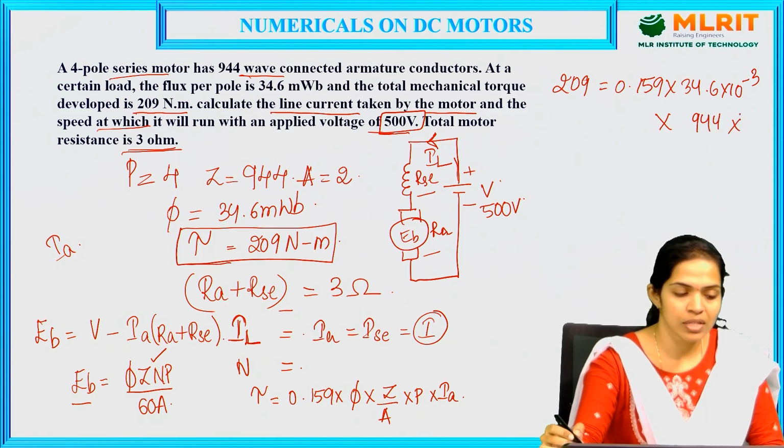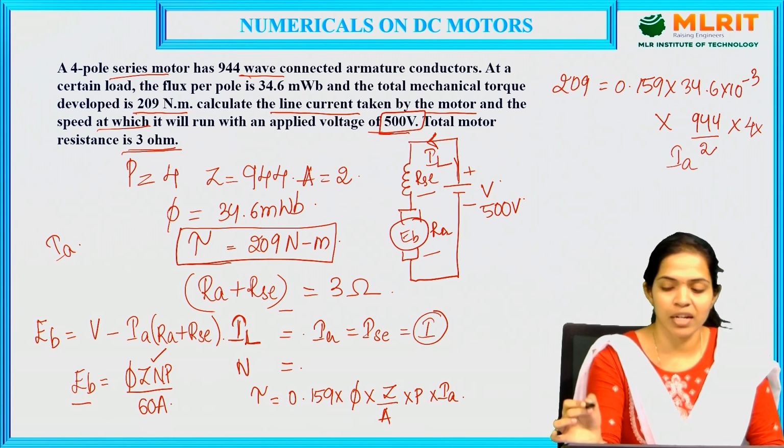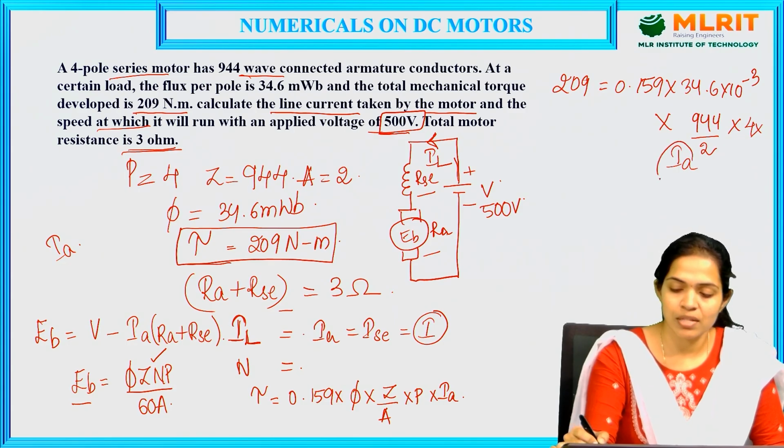Number of poles is given as 4, multiplied by IA. And this number of conductors is divided by number of parallel paths. As it is wave connected, it is 2. So from this, we will get the value of IA.